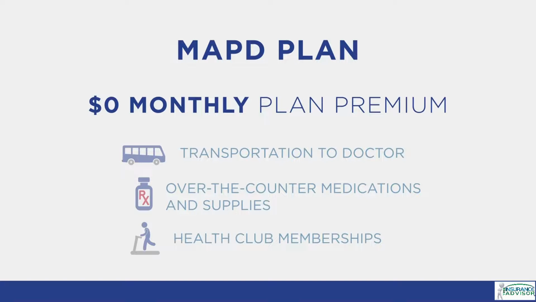Additionally, many of them provide extra benefits like transportation to doctor appointments, over-the-counter medications and supplies, and even health club memberships. As previously mentioned, these plans are offered by private companies. To be eligible for an MAPD plan, you must have Medicare Parts A and B and live in the service area where you receive coverage.